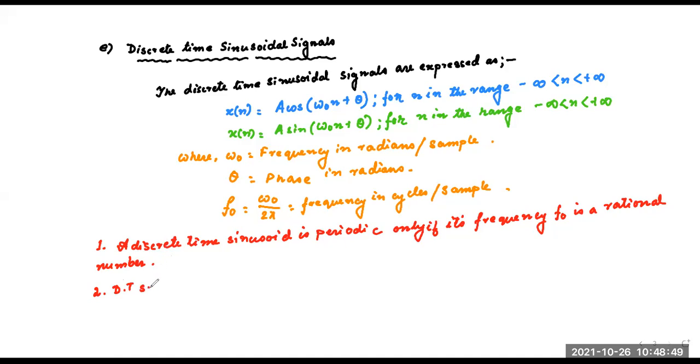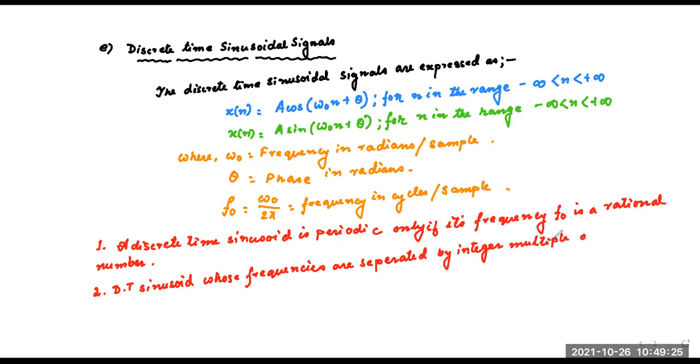A discrete time sinusoid whose frequencies are separated by an integer multiple of 2 pi are identical.